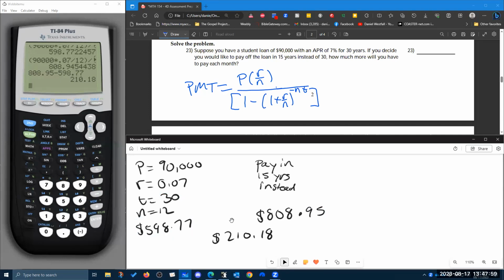But the more payments that you can make at this level of 808.95, the faster you're going to be able to pay it off. If you could make all the payments at that rate, then you could pay it off in half the time. But notice we did not need to double the payment to pay it off in half the time. That's one of the key things to see here, is that even though we paid it twice as fast, we did not need to pay twice as much to do so.